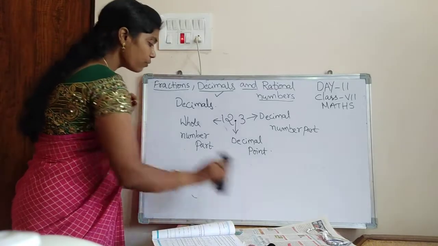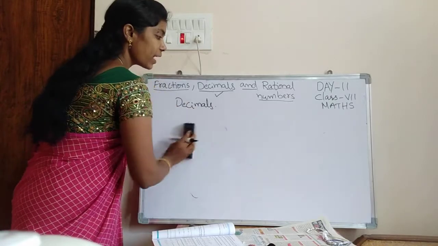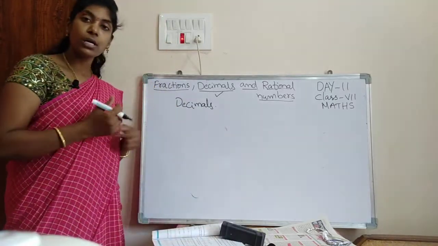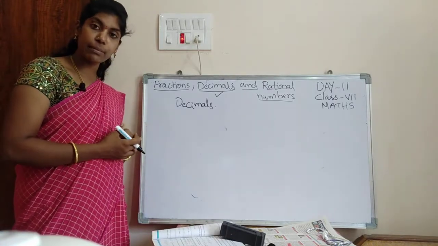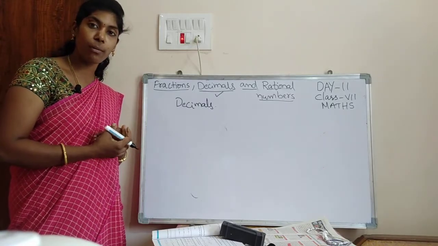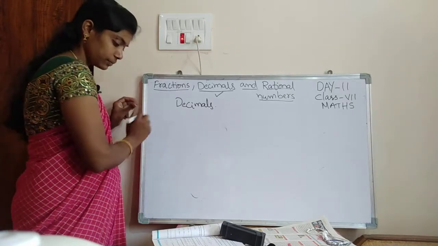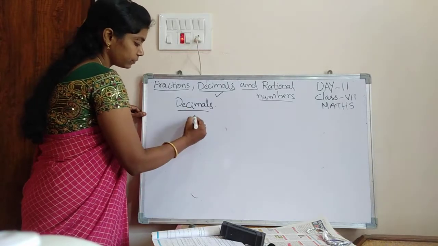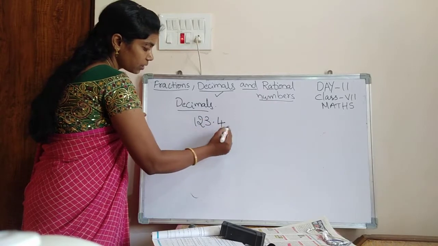So how will we do expansion? We already know how to do place values up to crores and lakhs, and even beyond crores. But in decimals, how will you identify place values or write the expanded form? That we will come to know. Before that, I'll take one example: 123.4.